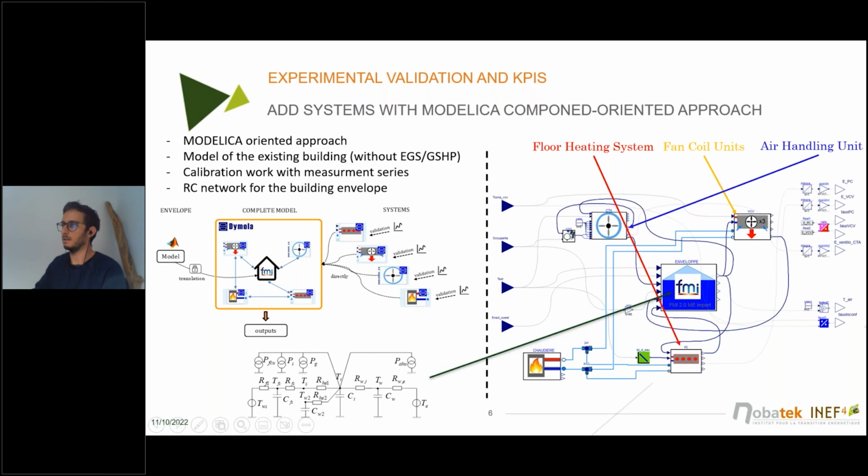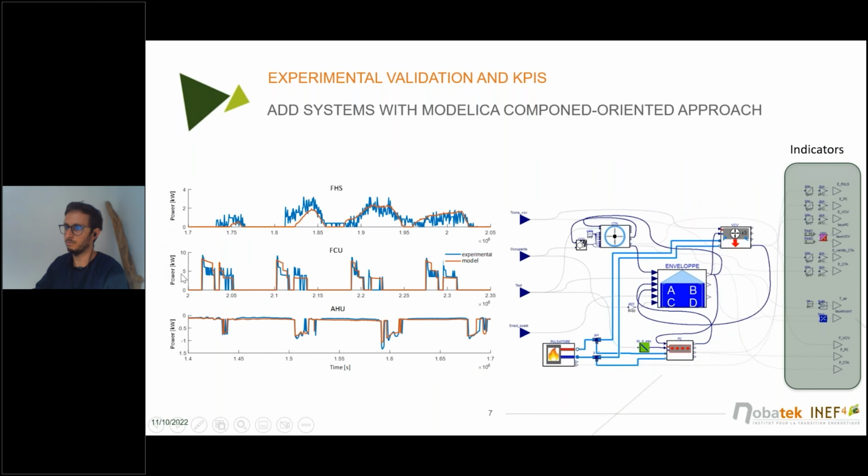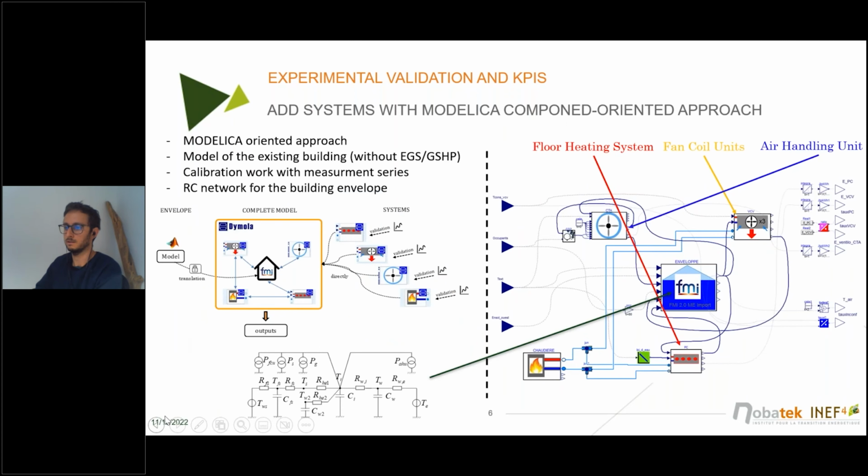Here we combine this envelope model. If we look here, in fact, the previous slides were talking just about this part, the envelope. And now we do the same thing for the systems.